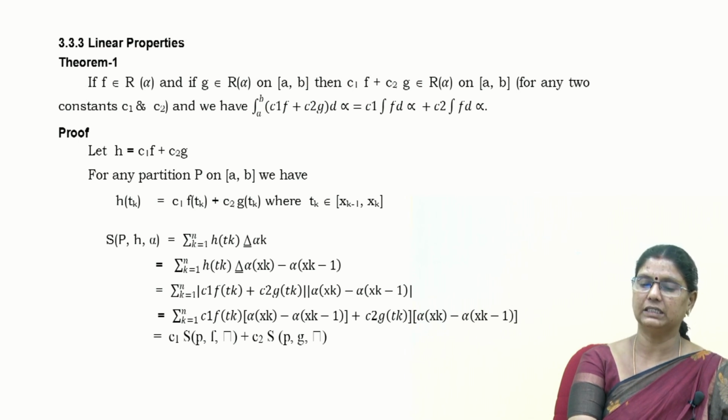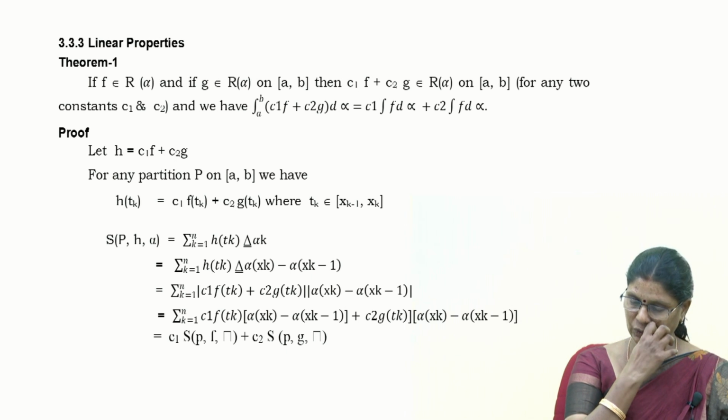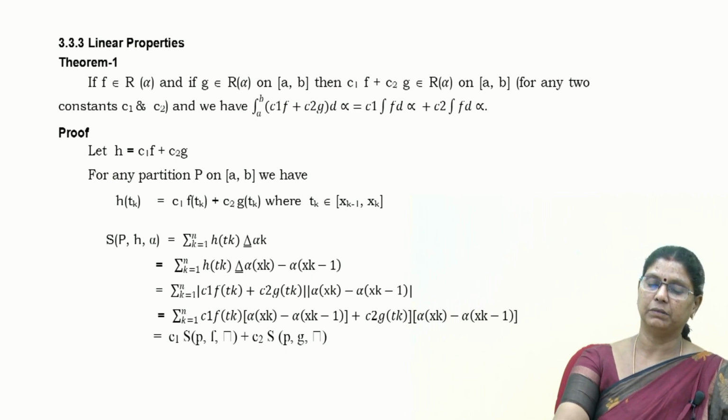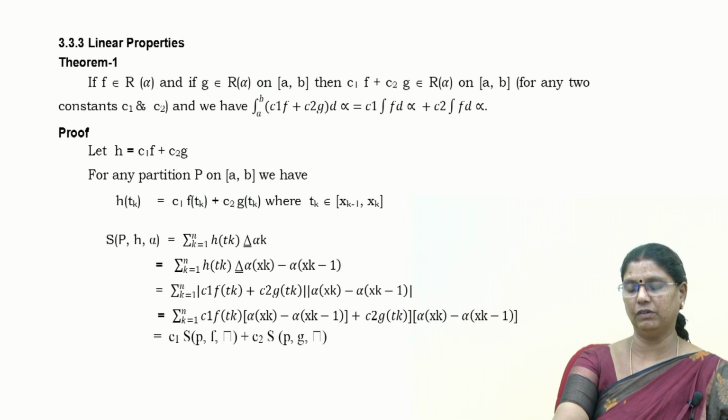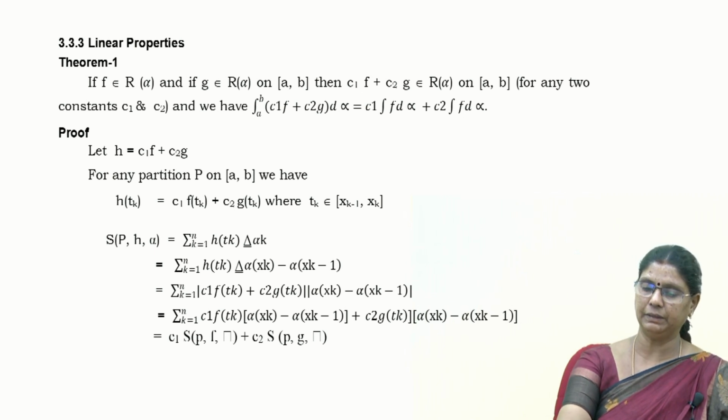Here it is the sum of C1 f(tk) times alpha(xk) minus alpha(xk minus 1) plus C2 g(tk) times alpha(xk) minus alpha(xk minus 1), which is nothing but C1 times S_P(f, alpha) plus C2 times S_P(g, alpha).